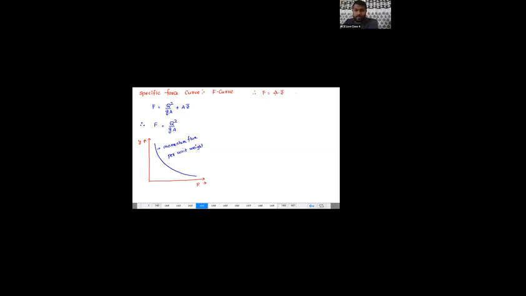Area is a function of Y and Z bar is also a function of Y. Don't ask me why I am drawing the falling curve, sir, because F is inversely proportional to A. And here F is directly proportional to A, and Z bar is a function of whom? Y by 2. Means Z bar is a function of Y. So F is directly proportional to A into Z bar, which means F is directly proportional to Y.